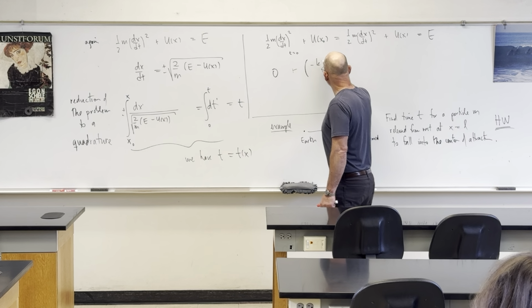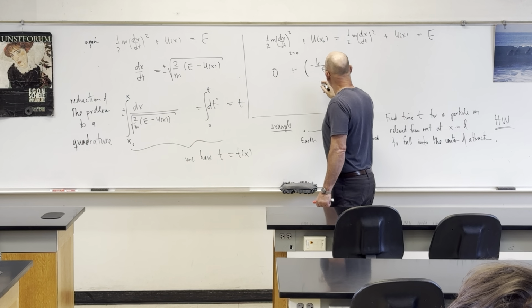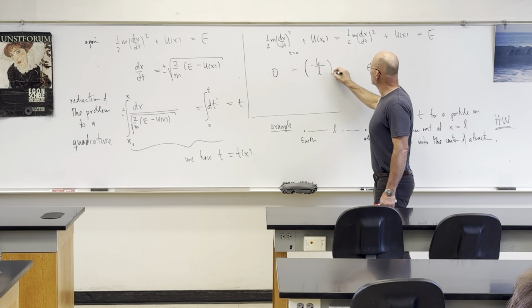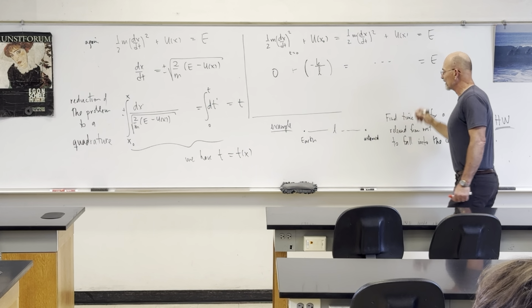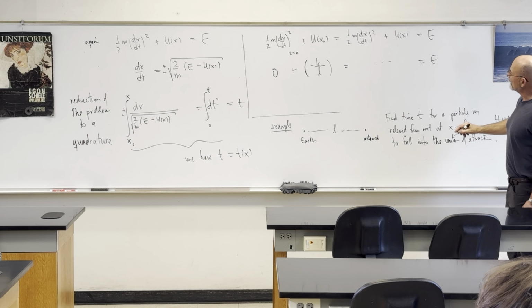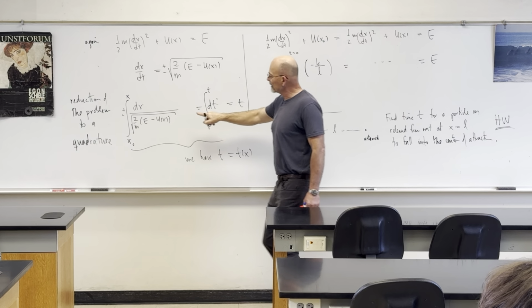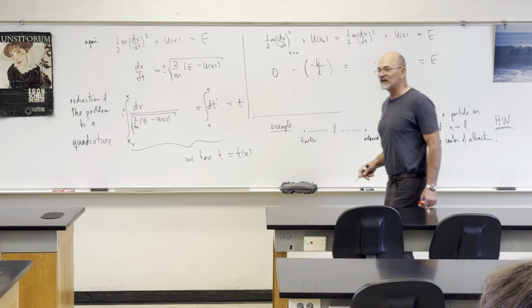Negative k over L equals E. So what this tells us is that is our value of the energy that goes into the integral. So that's how we find the energy.